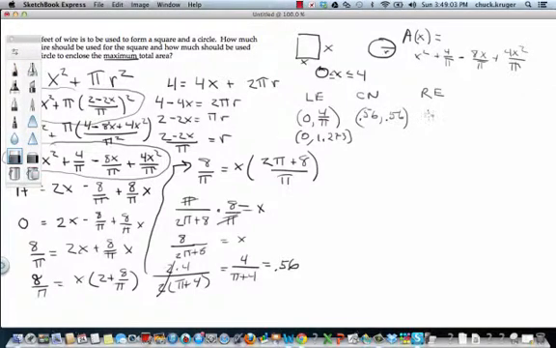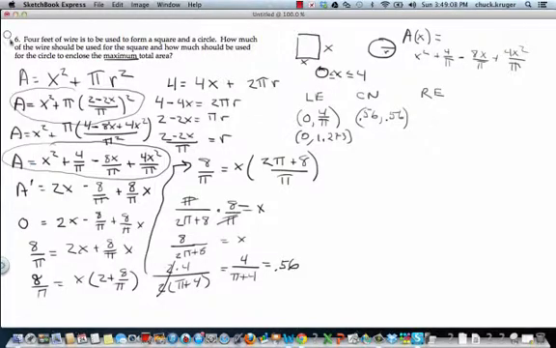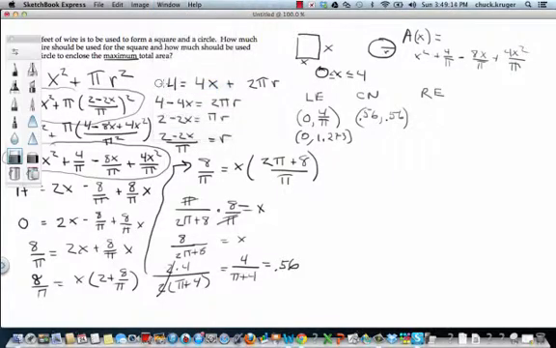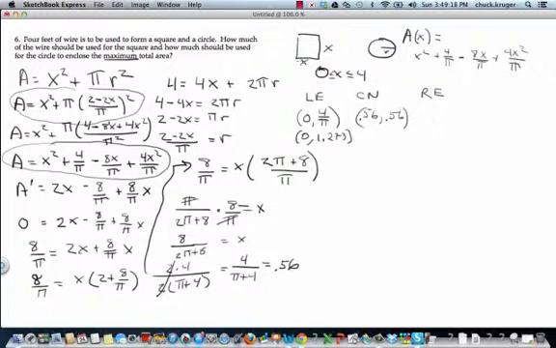You guys probably caught this right from the beginning. If I'm using all 4 feet of wire on this square, that means the length of each side is 1. So my right endpoint would be 1, not 4.